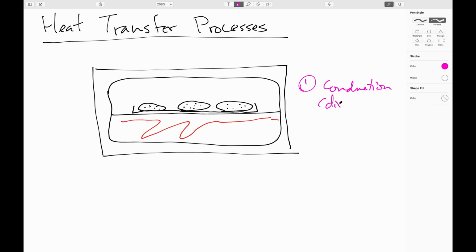This is when we have direct contact and the atoms in one object can directly collide with the atoms in another object, thereby imparting thermal energy. So I'm just going to note that like that, just draw a little arrow there. So that's conduction via direct contact.